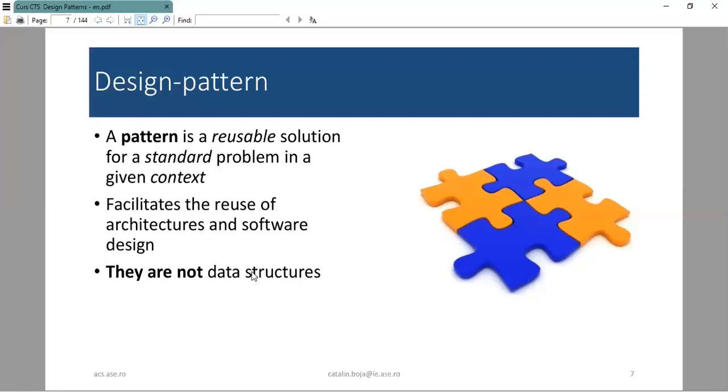Each pattern has been designed to serve and to provide a solution to only one problem. Okay, so from this perspective, for each design pattern, we need to focus our attention on understanding the problem in order to be able to see it in the future in our own solutions. And secondly, to understand that for that problem, we have a standard implementation of a solution, and that's the pattern.